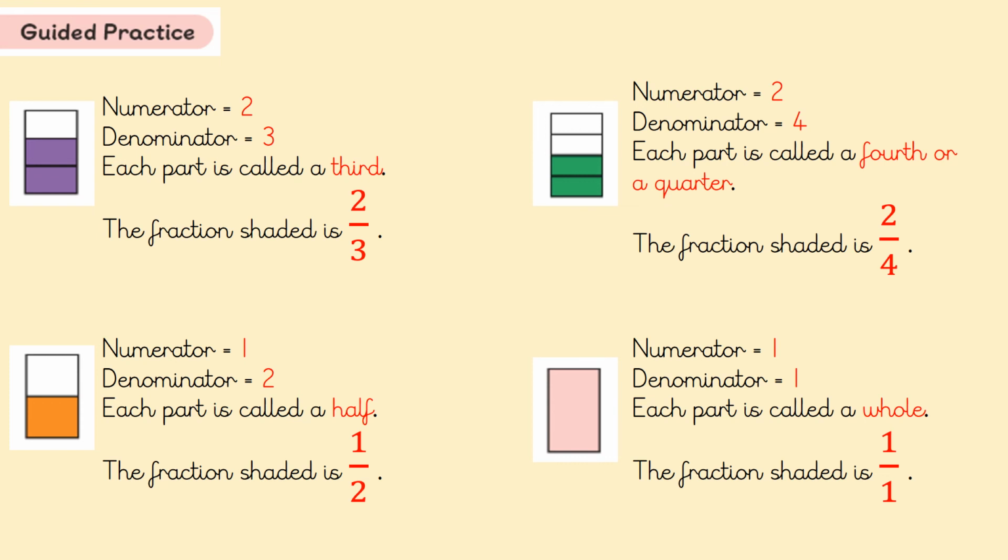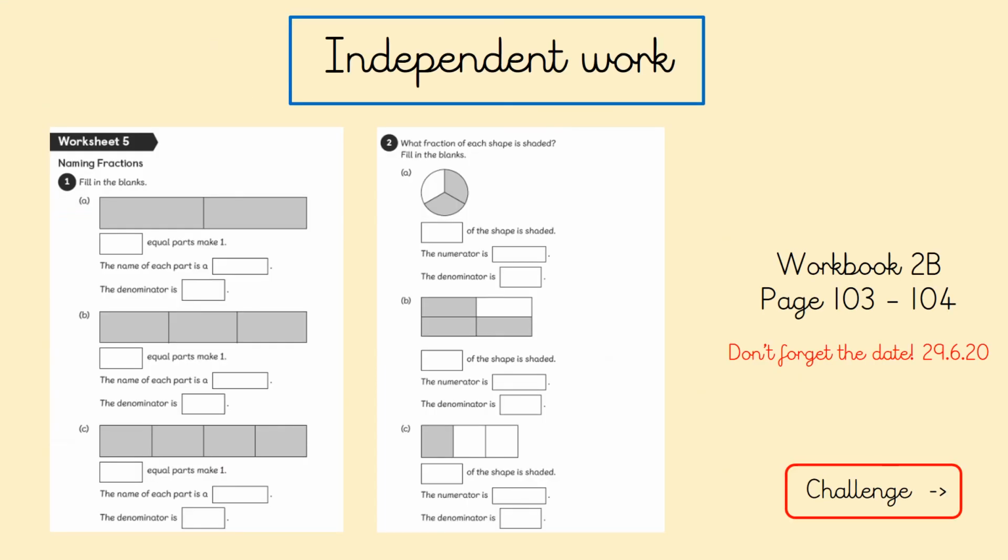Well, there's just 1 equal part. Each part is called a whole. The whole thing is a whole. The fraction shaded is 1 over 1. So there is 1 part and 1 of it has been shaded in. It's 1 over 1.